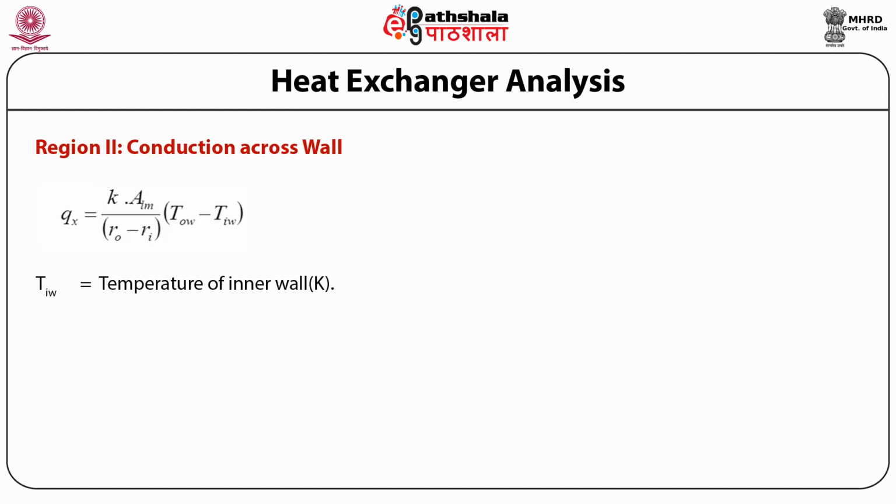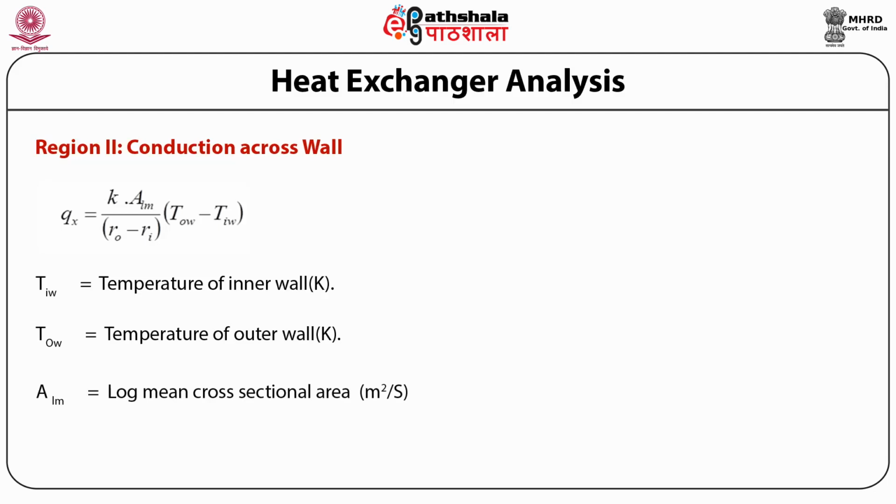Tiw is the temperature of the inner wall, Tow is the temperature of the outer wall. Both temperatures are expressed in Kelvin. ALM is the log mean cross-sectional area. Here we have Ro and Ri. Ro represents the outer radius and Ri represents the inner radius.